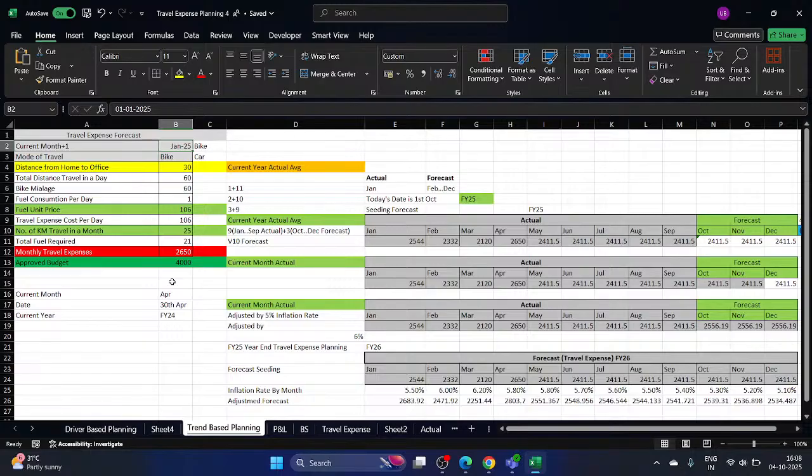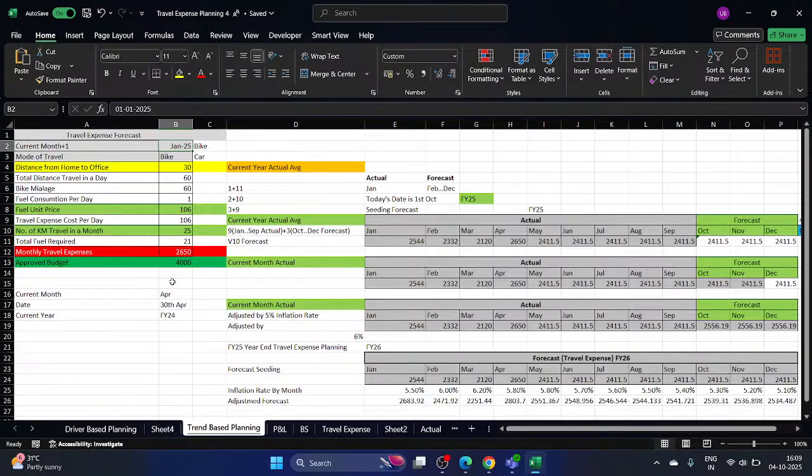Here the mode of travel. If we are traveling by bike, the particular distance is 30 and the distance for both sides is 60 kilometers around. Fuel unit price is 106 and number of kilometers traveled in a month is 25.